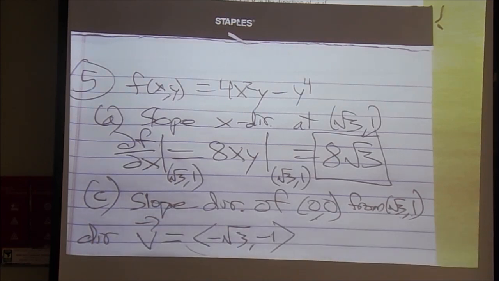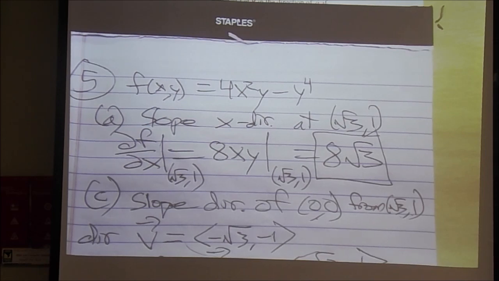Now to calculate the directional derivative, I need a unit vector in that direction. So I'll just take v divided by its length. So this is the vector minus square root 3, minus 1 divided by the root sum square of those same components. Well, the root sum square of these is equal to 2.